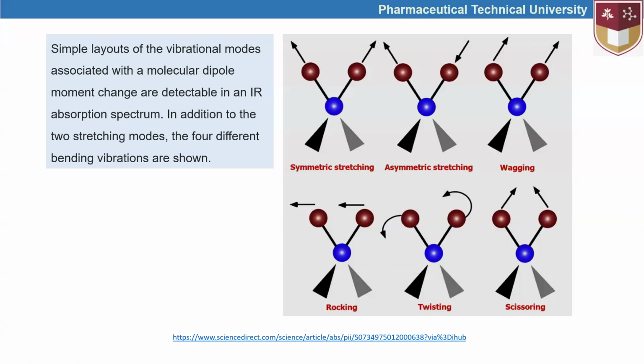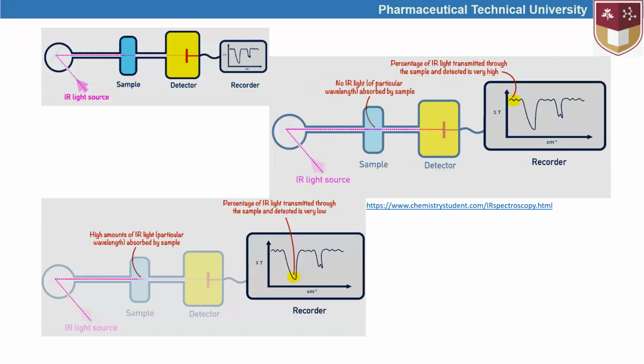Based on this kind of changes, let's say the vibrations are formed, and those vibrations cause the absorption of some bands of infrared radiation. And here we can understand how we can interpret the signals and the spectrum.